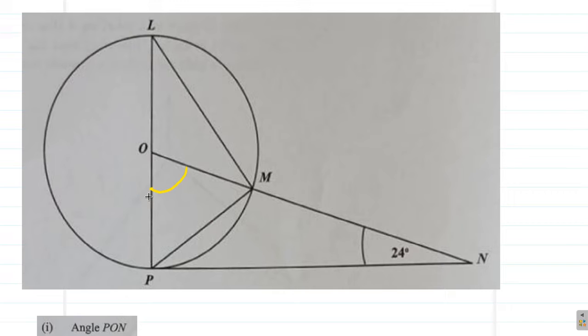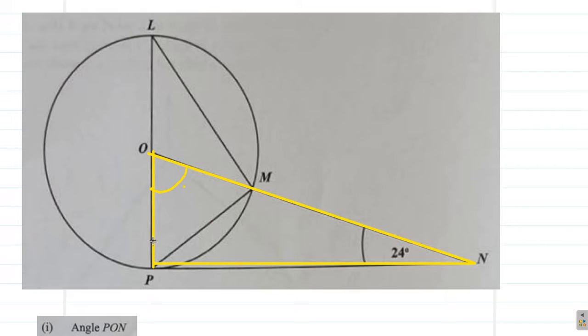Now, consider this triangle here. What would this angle be here? It's 90 degrees, and you would write down everything.